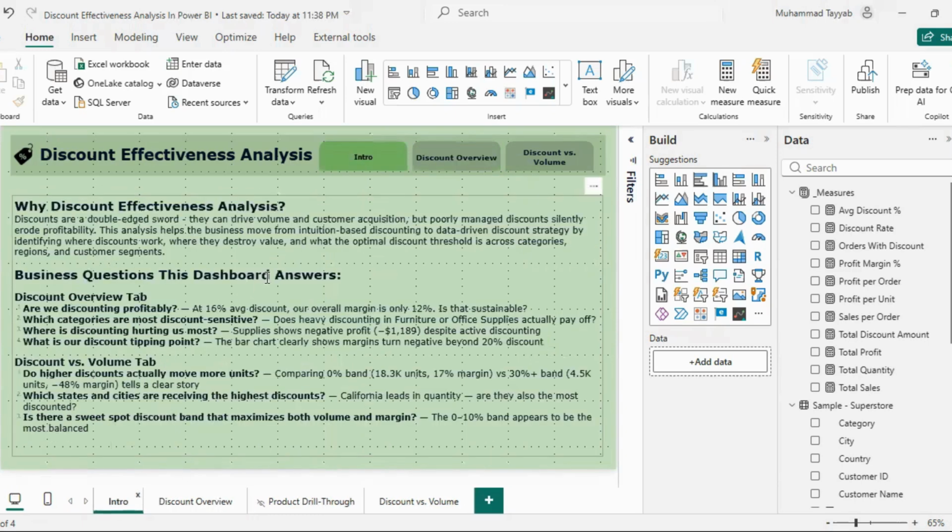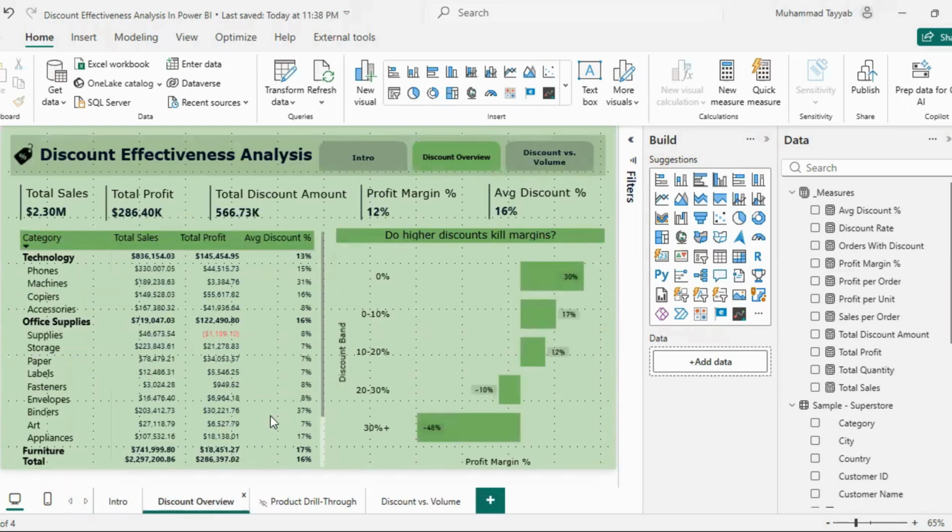So another thing is, which categories are most discount sensitive. Now let's look at which categories are responding well to discounts and which are not. Technology, as we can see, has a 13% average discount and delivers the highest profit, right? And that's around 145,000.